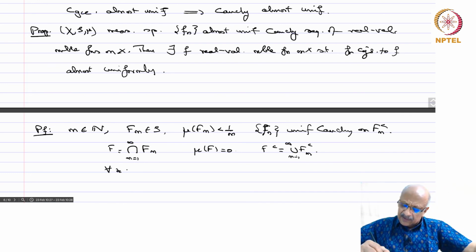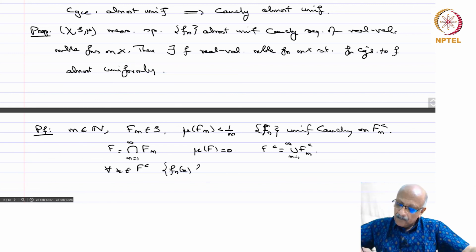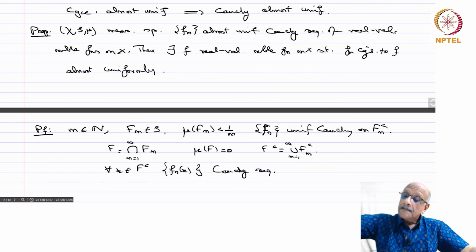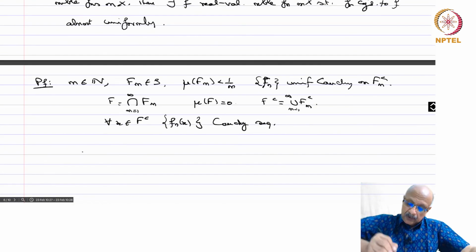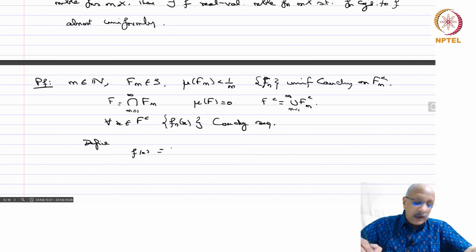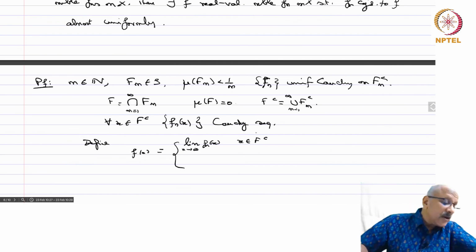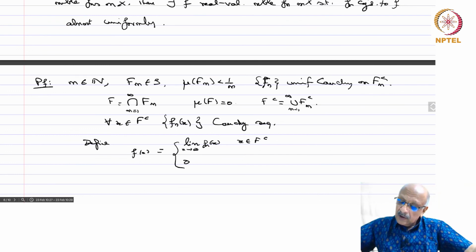For every x in F complement, it belongs to some Fm complement, and on Fm complement it's uniformly Cauchy, so fn(x) is a Cauchy sequence. So you define f(x) equals the limit as n tends to infinity of fn(x) if x belongs to F complement, because it's a Cauchy sequence, it is convergent, and 0 if x belongs to F.